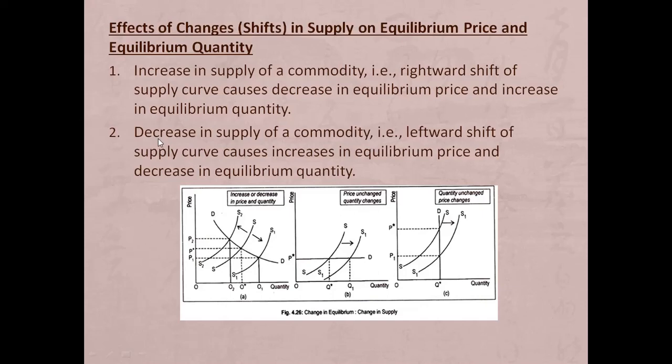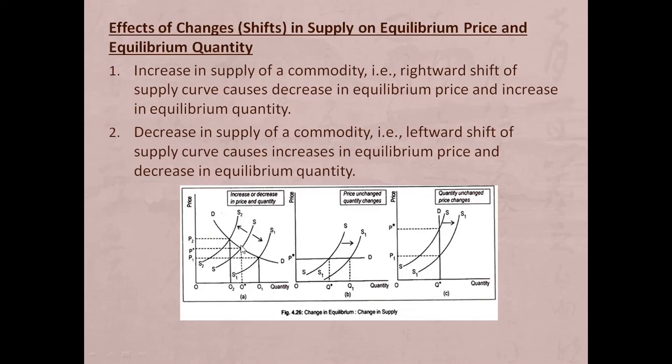Whenever there is a decrease in the supply of a commodity, we are actually referring to the leftward shift of the supply curve. This will increase the equilibrium price and decrease the quantity. A decrease in supply will increase the equilibrium price, and obviously the quantity supplied will decrease.